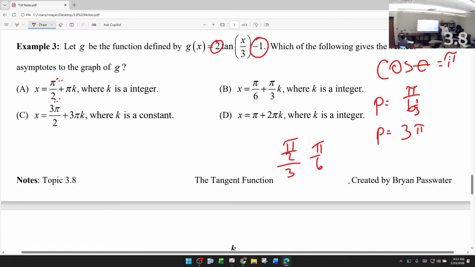Yay? That's still not going to help me any. The answer is C.